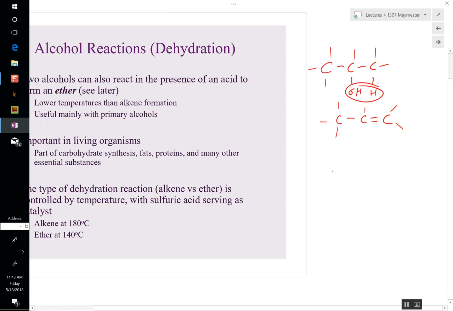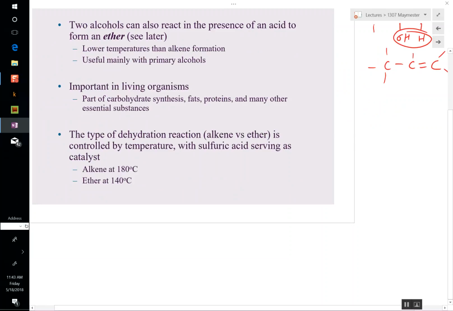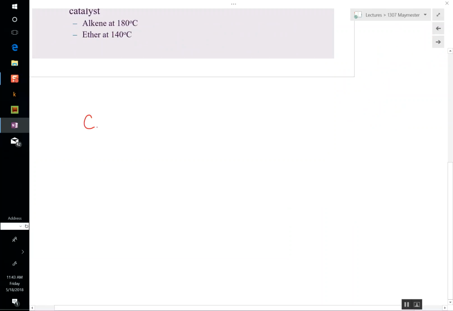Now we're going to look here at removing a water molecule from between 2 alcohol molecules. Let's look at the simplest case of that. Let's take methanol. This is also dehydration.